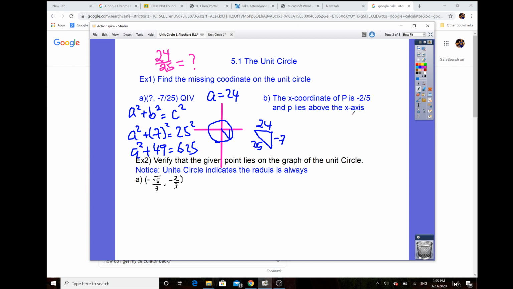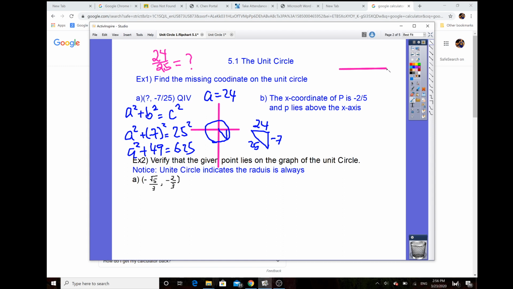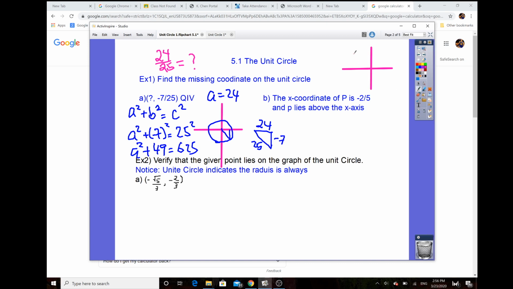And then the next one is quite similar. This one is the x-coordinate of p is negative 2 over 5, and p lies above the x-axis. So if you try to sketch the graph, again, we need the x-axis and the y-axis. It lies above, and the x-coordinate is negative 2/5. So that means it must be in quadrant 2. So in quadrant 2 here, we do have a right triangle. For the x-coordinate, it's adjacent over hypotenuse, so it's negative 2/5.